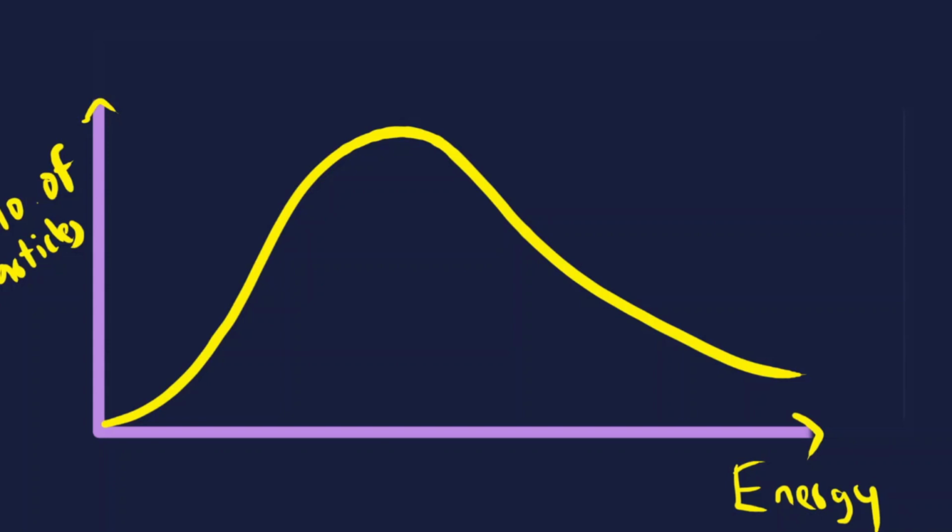Every one of them has a different kinetic energy. Some may have very large kinetic energies, and some others may have very little. So this is what Maxwell-Boltzmann came up with, and your exam board might ask you to draw this in the exam. So when drawing that, there are some key points that you may have to remember.